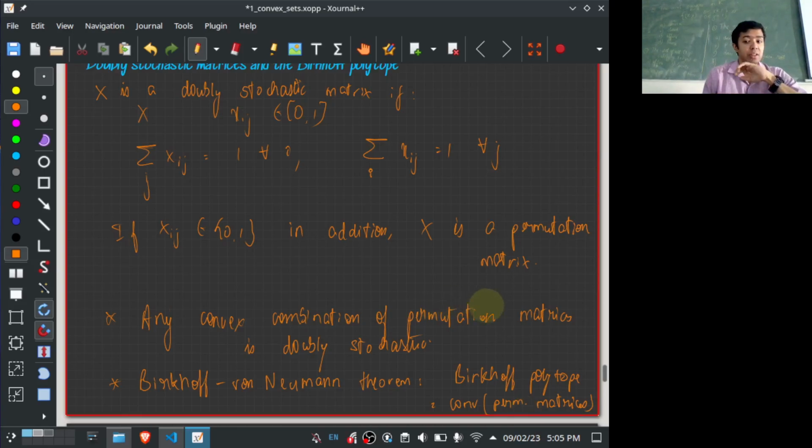Again, the convex hull of the permutation matrices is going to be within the Birkhoff polytope. That is fairly straightforward. But it's not too straightforward to show that the Birkhoff polytope is equal to this, right? It may seem intuitive, but there can be other cases where this intuition itself doesn't hold.